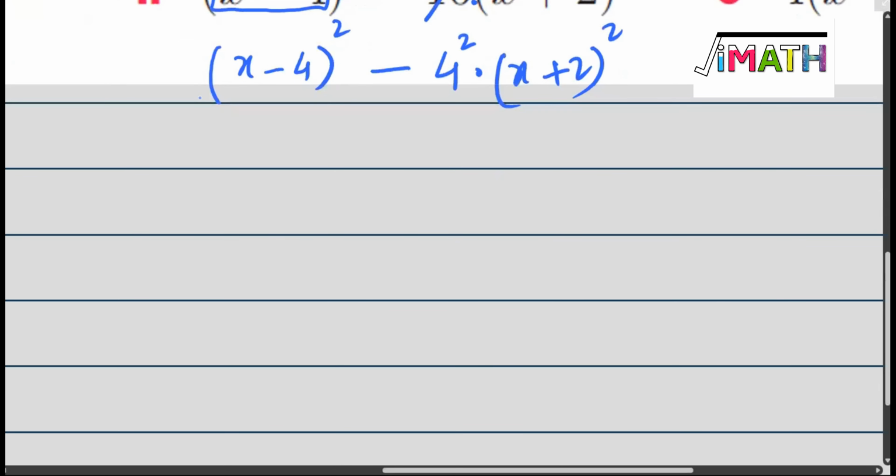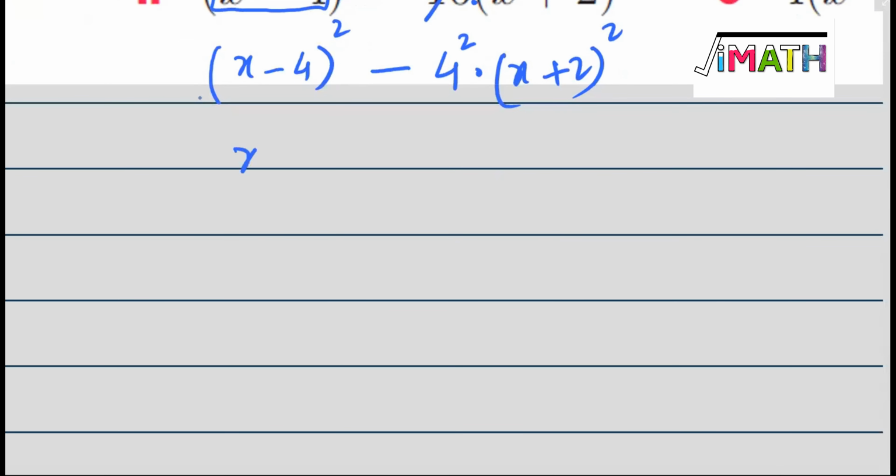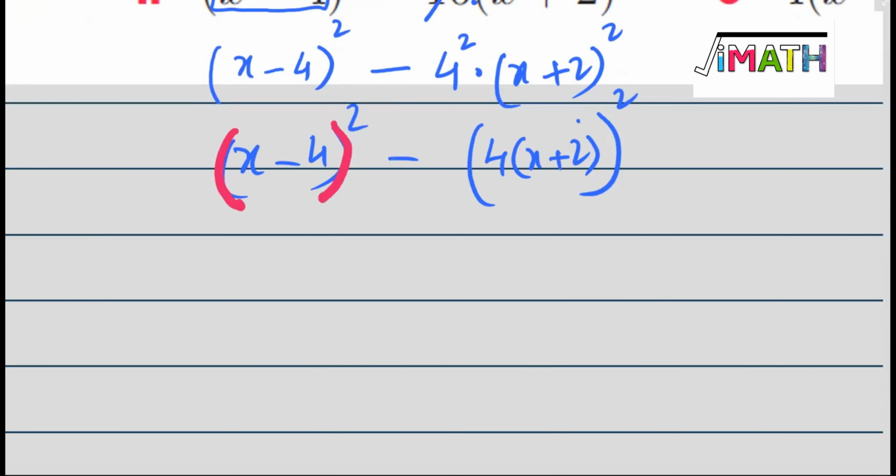Since I have two individual squares, I'm gonna write them as a common square. So 4 and x plus 2 with the common square. So now I have something inside the bracket is a squared, something inside the bracket is b squared.